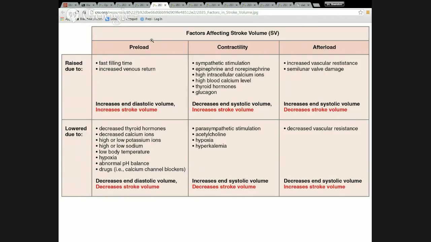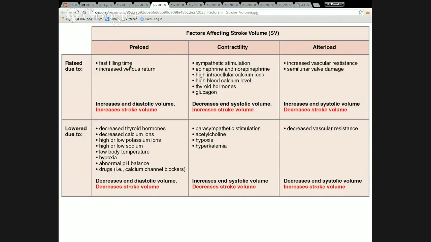For preload in the heart, you basically put more blood into the ventricle, and it'll stretch out more and give you that extra contraction. That can happen by allowing the filling to take place quicker.